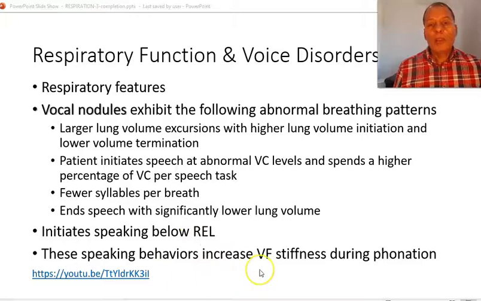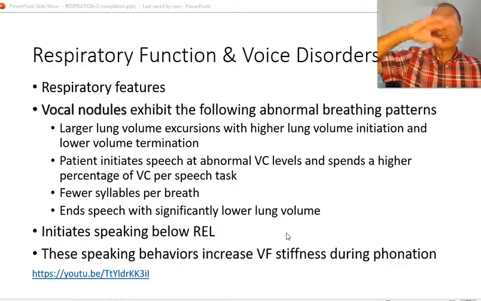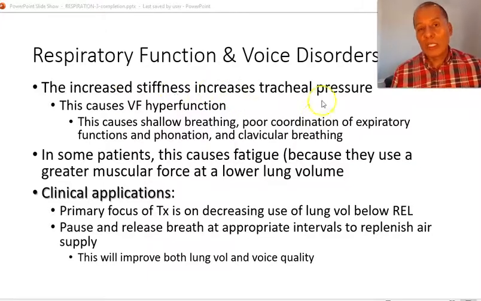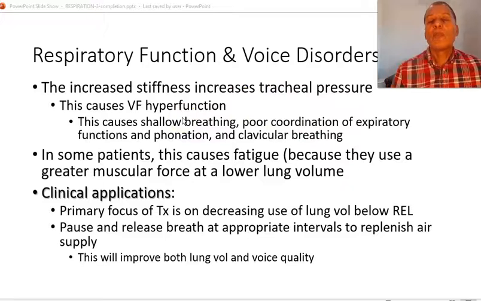So these behaviors result in increasing tension, increasing stiffness of the vocal folds while phonating, and that will bring in a sequence of problems. The increased stiffness will increase tracheal pressure, and of course the increase in tracheal pressure is going to increase vocal fold hyperfunction, and that causes shallow breathing, poor coordination of expiratory functions, and phonation.